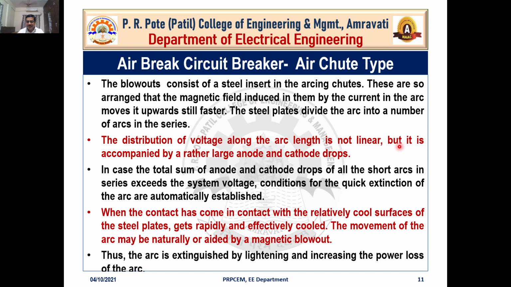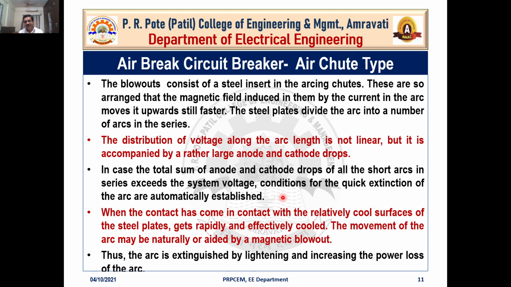These steel plates divide the arc into a number of arcs in series. The distribution of voltage along the arc length is not linear, but is accompanied by rather large anode and cathode drops. The condition for extinguishing the arc is that the voltage across the arc or contact breaker must be greater than the system voltage.